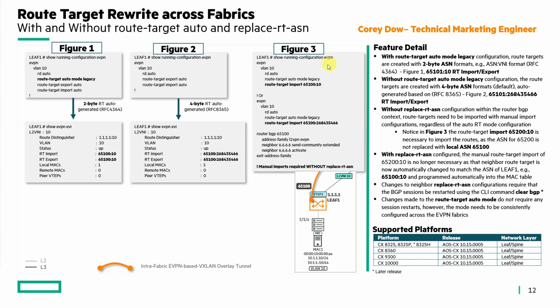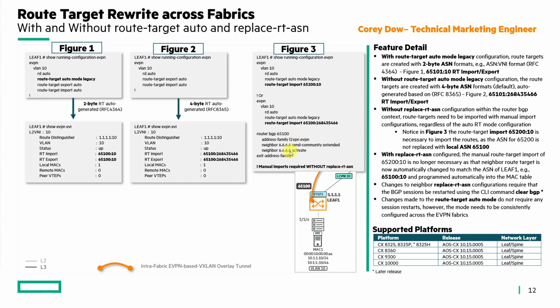In figure 3, we're showing the pre-10.15 behavior. Depending on the route targets that had been created, you'd need a manual import for the ASN based on either the 2-byte or the 4-byte format, either 65200:10 or the 4-byte format you see here. These are still required if you don't have replace RT-ASN configured within the BGP context.